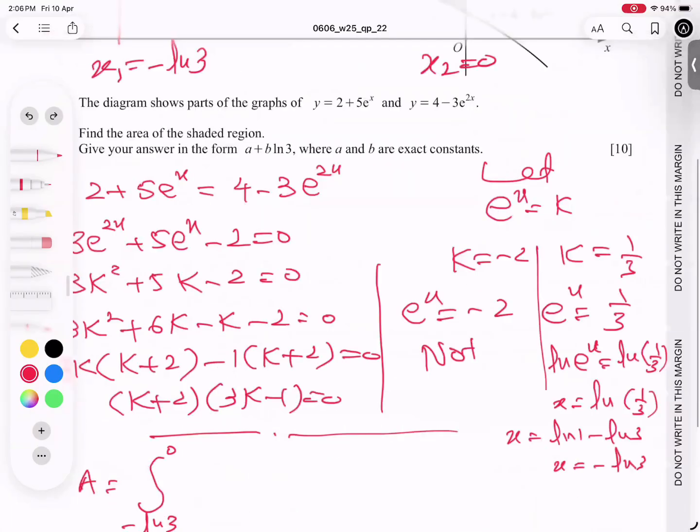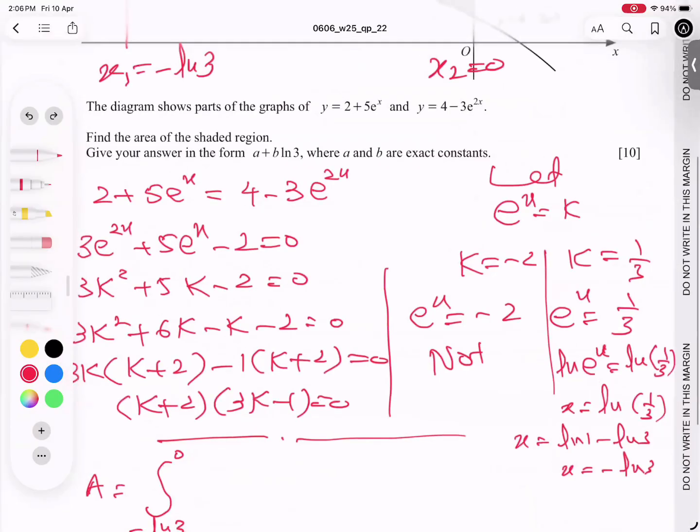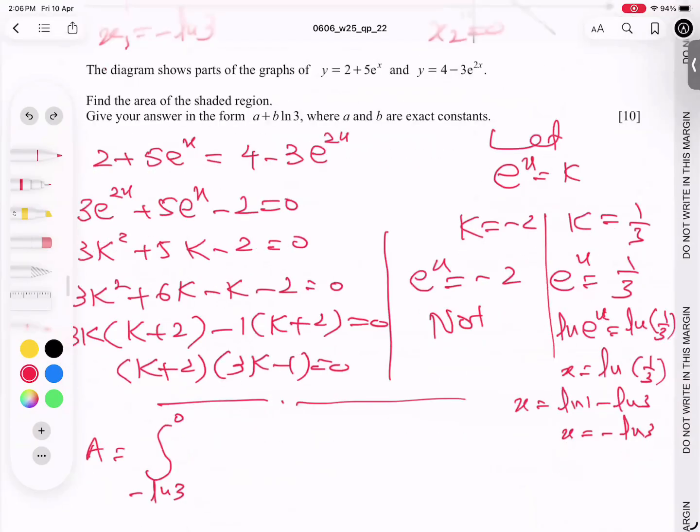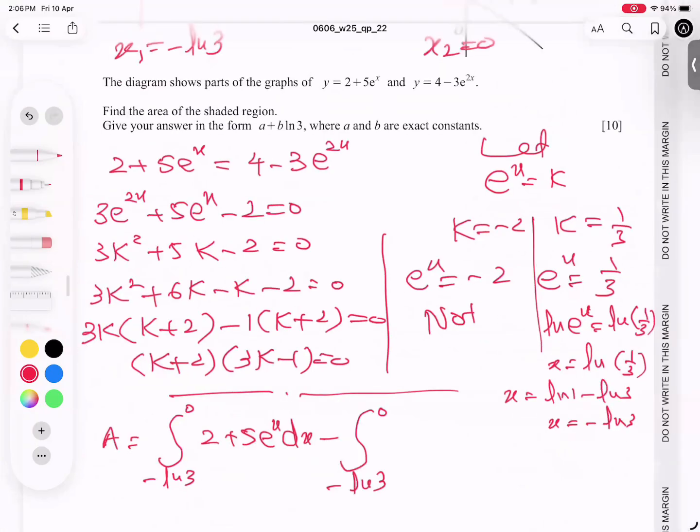So I'm finalizing the question. Integration of 2 is 2x. And for this one, same: e to the power x, and dividing by the derivative 1 is not compulsory. And the limits are very clear, minus ln 3 and 0.